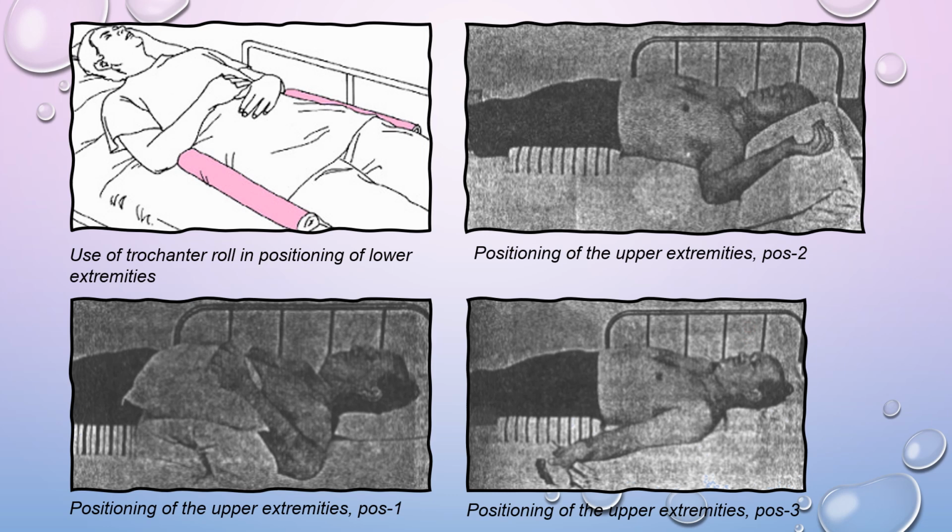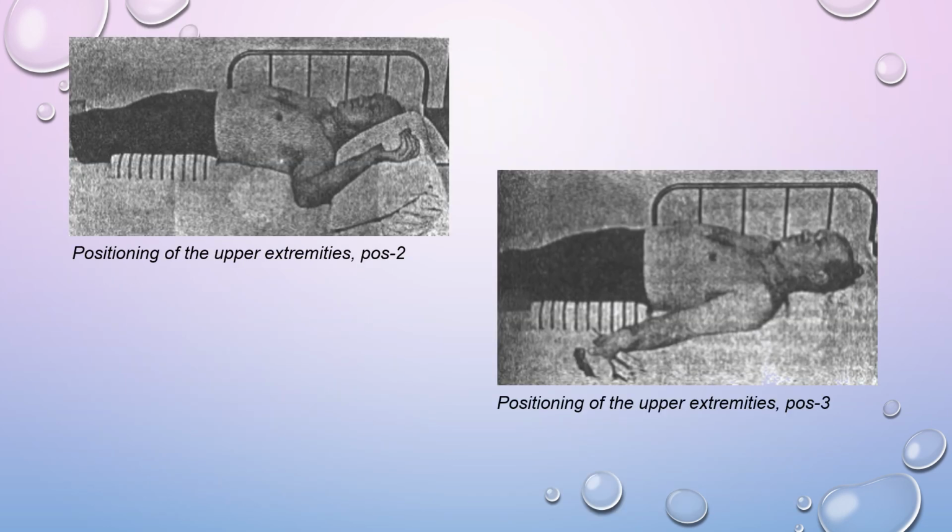Next, we have positioning of the upper extremities, position 2. The same as earlier. Okay, so those are under your bed positioning. Remember, we have different positions. We have your supine position, prone position, side lying. We have Trendelenburg position, reverse Trendelenburg position.